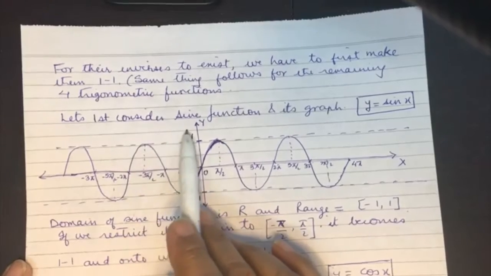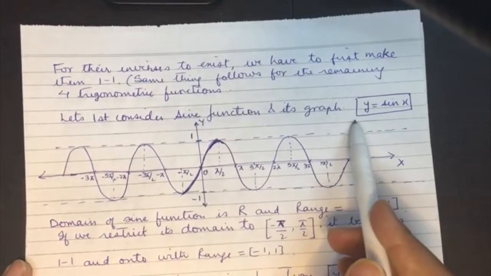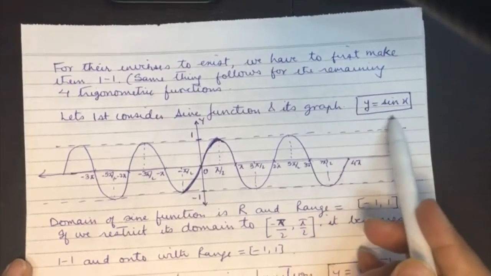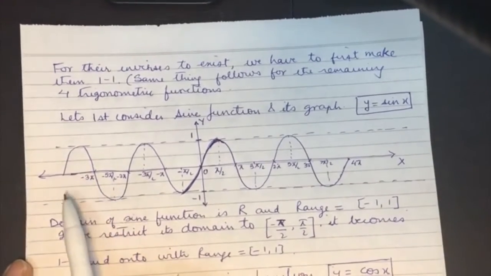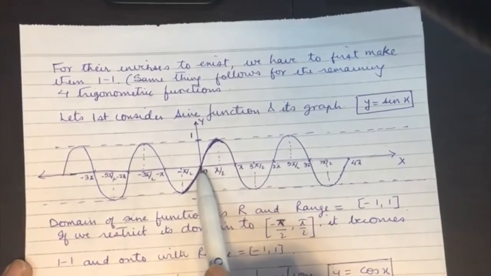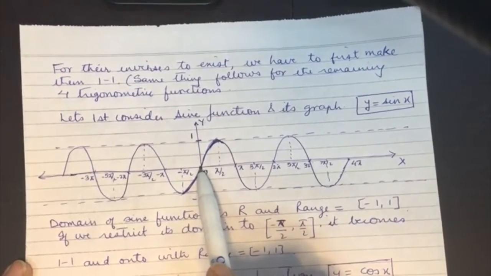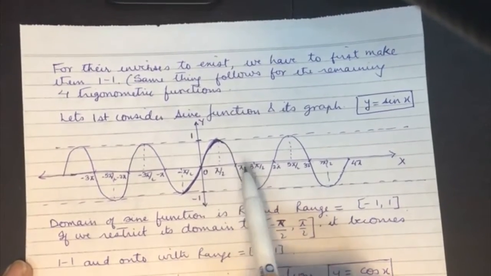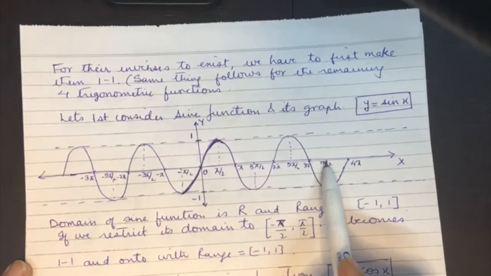Now let's first consider the sine function and its graph. Let's consider y is equal to sine x. We know that the graph of the sine function is somewhat like this, that is, when x is 0, sine is 0, when x is pi by 2, sine is 1, and so on.